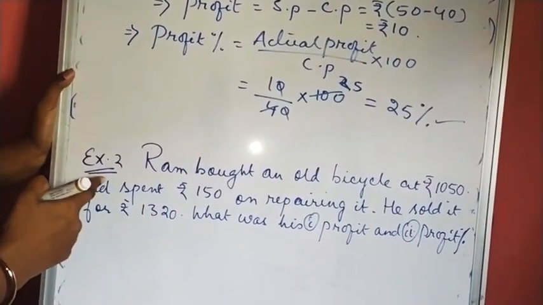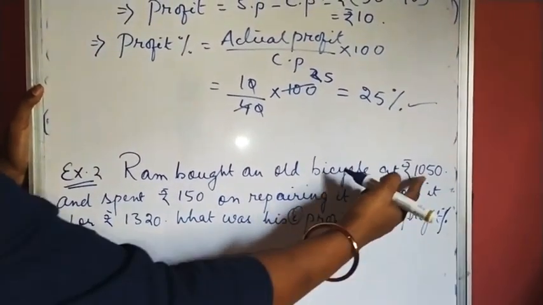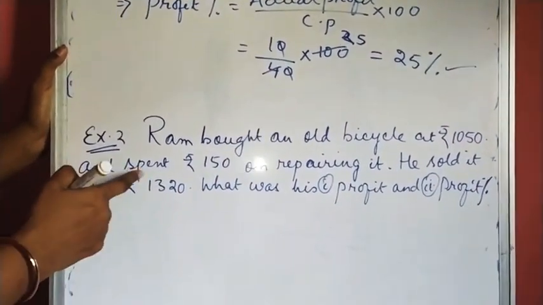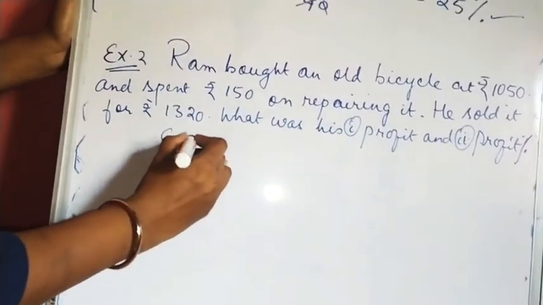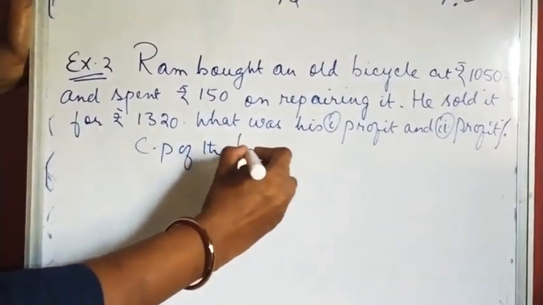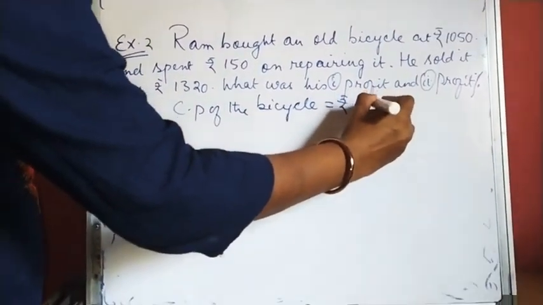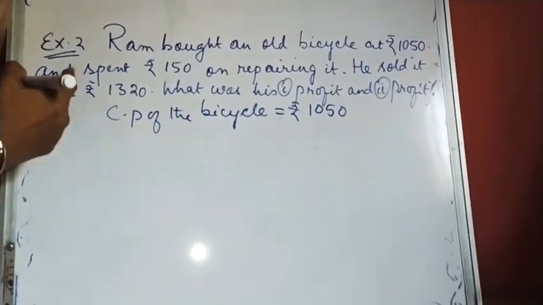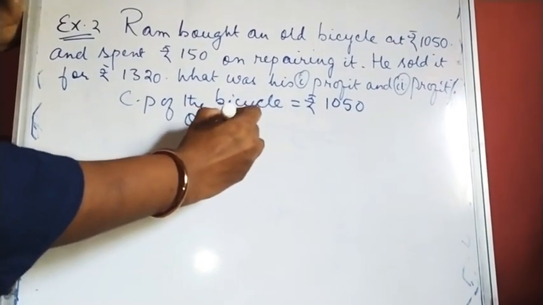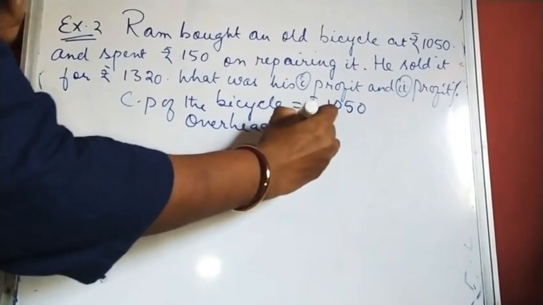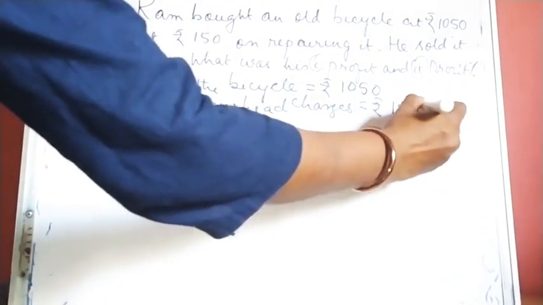Therefore, the profit percent is 25%. The second question says, Ram bought an old bicycle at rupees 1050 and spent rupees 150 on repairing it. Therefore, the cost price of the bicycle is rupees 1050. He spent rupees 150. It means the overhead charges is equal to rupees 150.